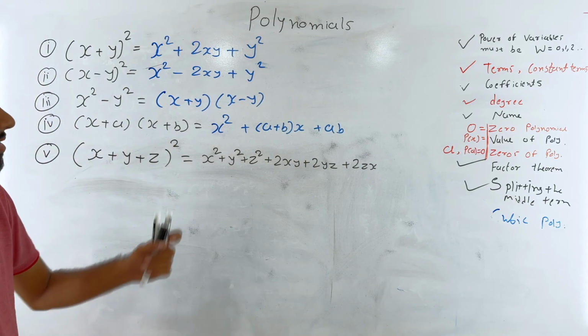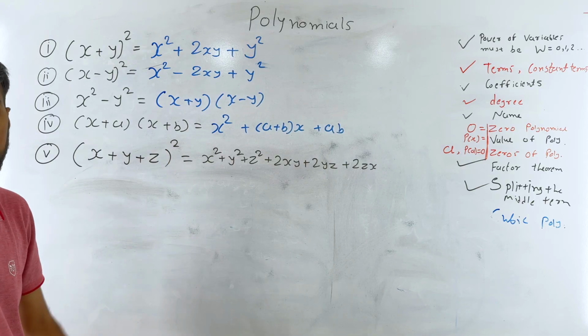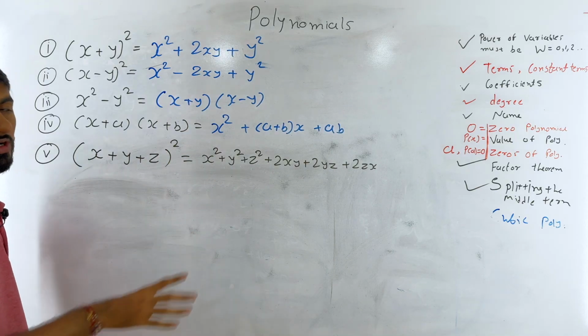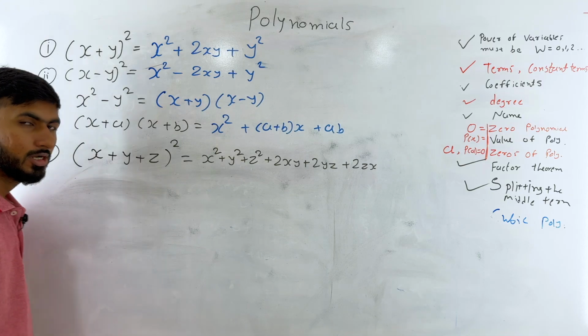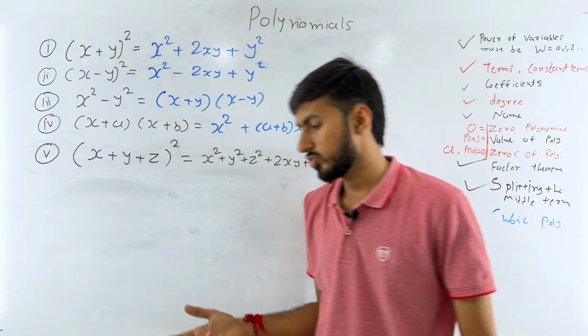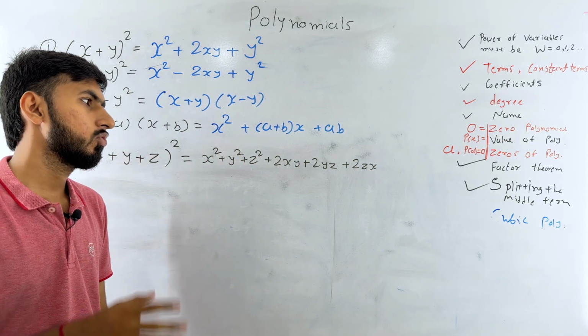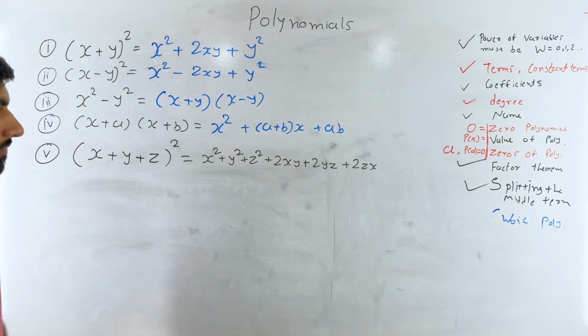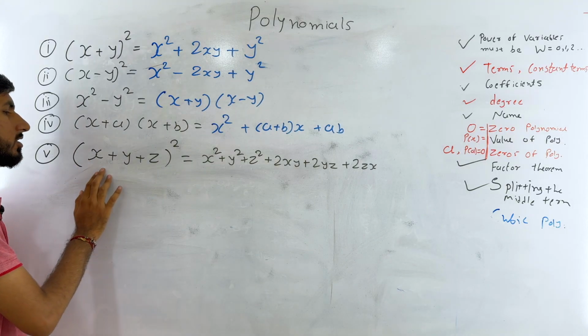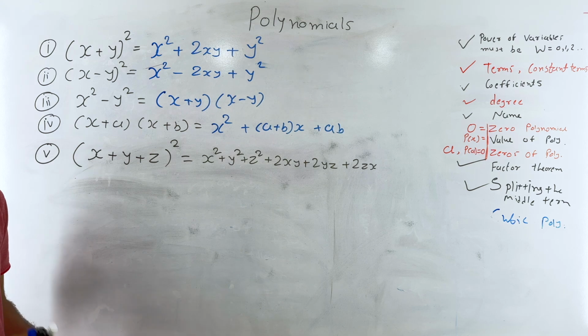See, if you don't remember this identity, write it in your page at least 20-30 times. If you know the identity and you get a click when you should use which identity, then it will be very easy for you to solve questions very quickly, right? So our fifth identity is x plus y plus z whole square, square of any trinomial, right?